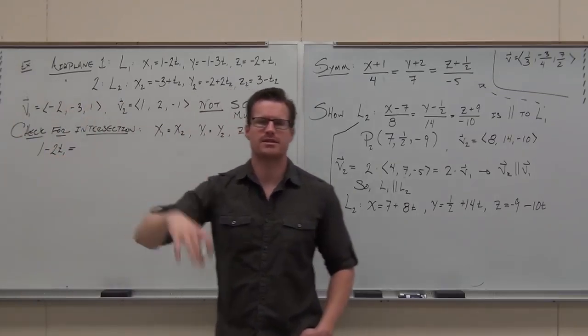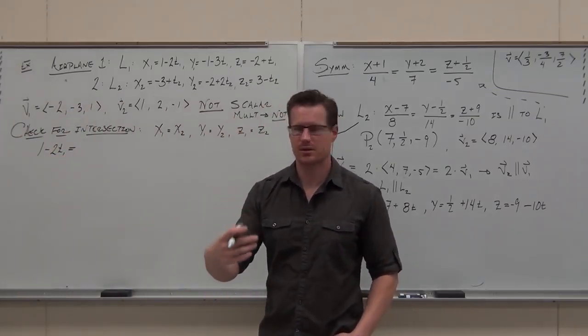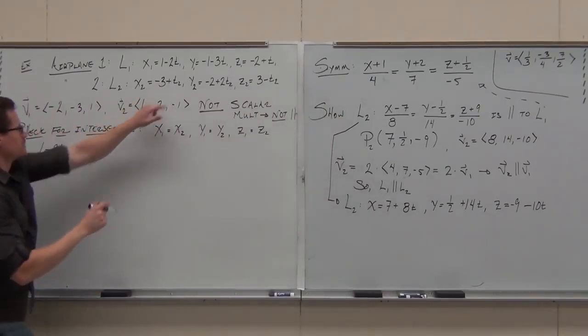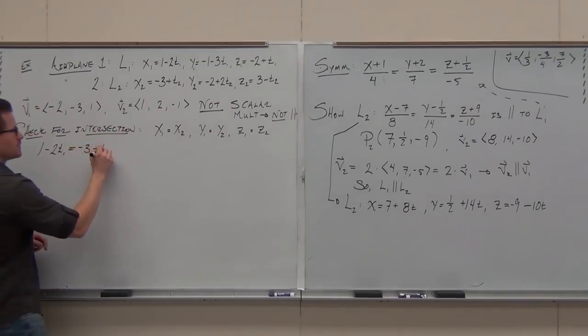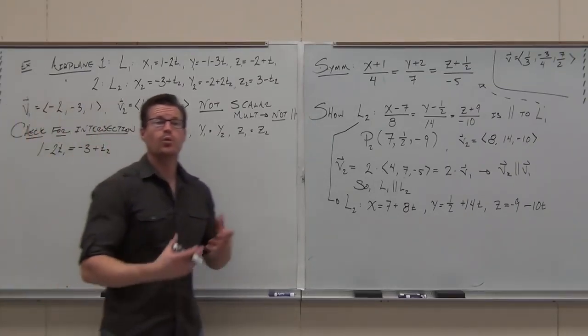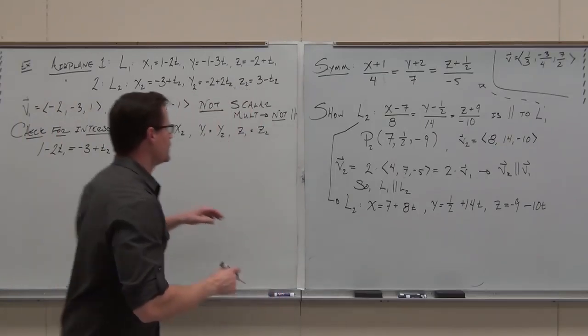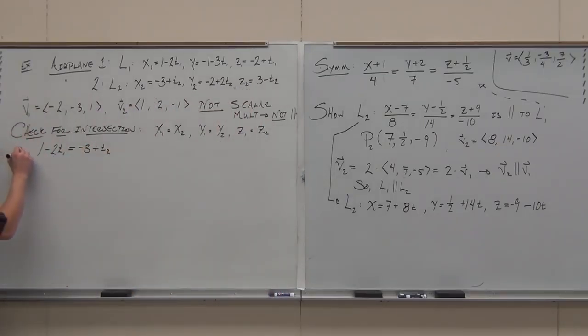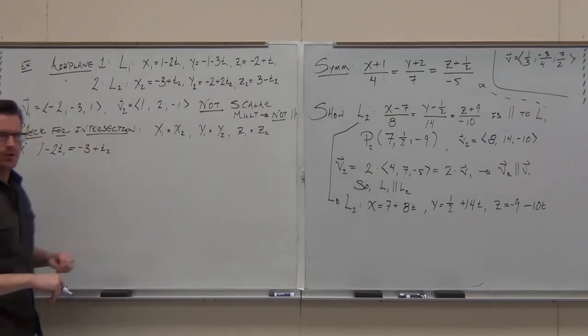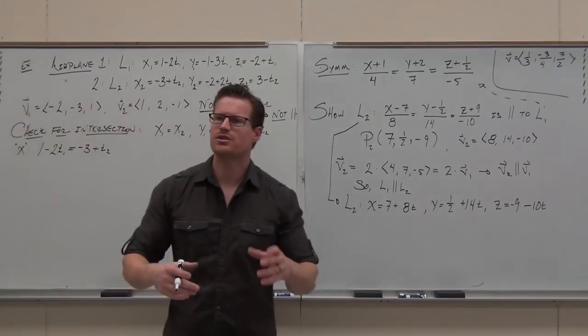Front guys, what's that supposed to equal? Come on, quickly. Negative 3 plus t2. Perfect. What else has to happen? Well, this would be our x. That's from our x. Let's write the other ones.